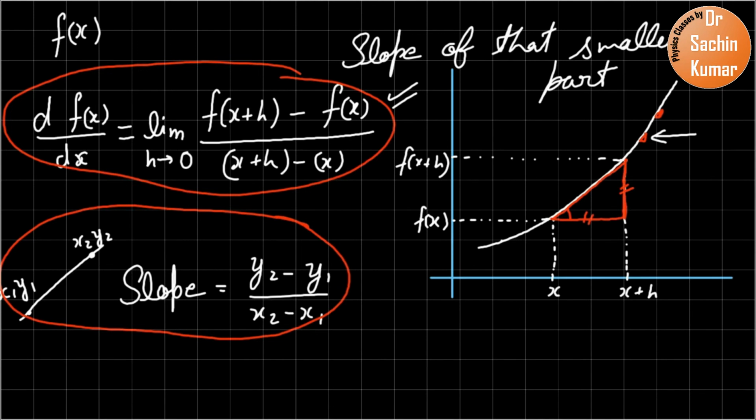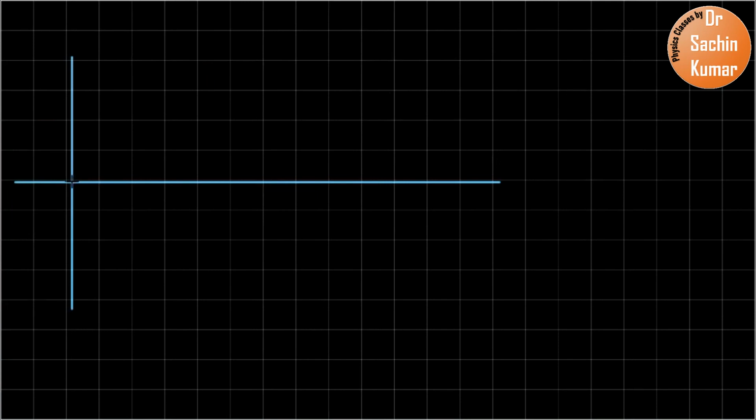Let's see how this definition works on sin x. Now let me first draw a curve of sin x. I am plotting, not very perfect, but this is fine. So this is close to sin x. Let's see how this expression works in the case of sin x.